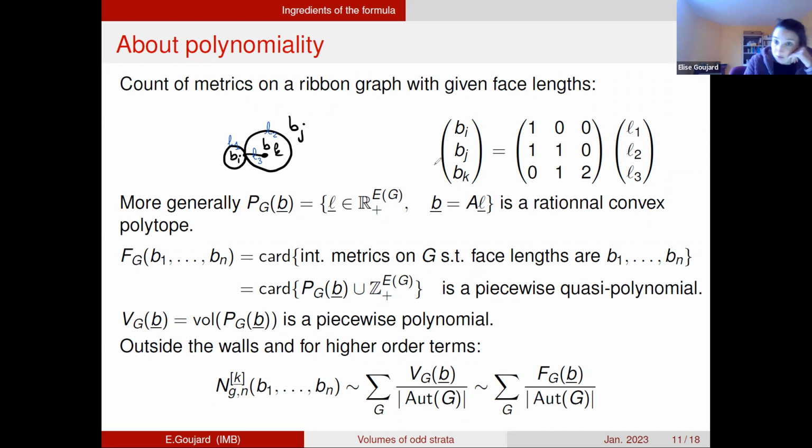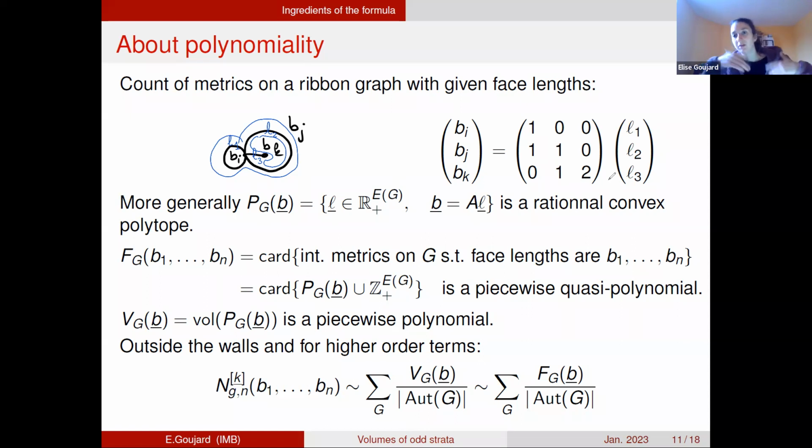What are the relations between these lengths? The length bi is just equal to L1 because there is just one edge on the face. The length of the face bj is L1 plus L2, and bk is L2 plus 2 L3.